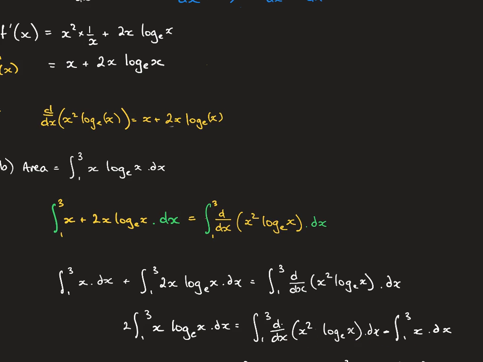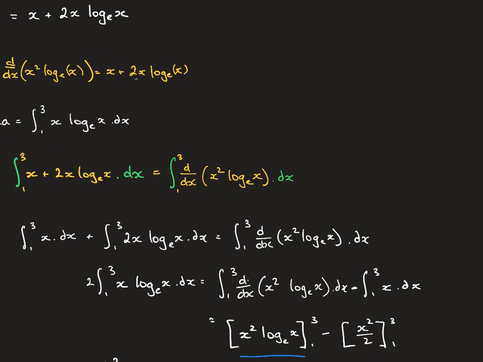So I'm going to integrate my derivative here. So I've got the integral of a derivative. So that will just give me the function out as my antiderivative. So this comes into here, and I evaluate it at 3 and 1, and then I evaluate this integral over here for 3 and 1 as well.